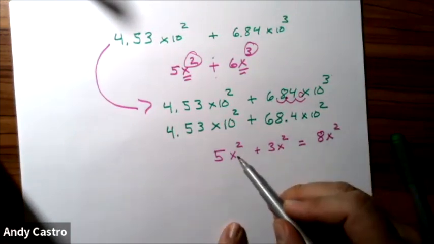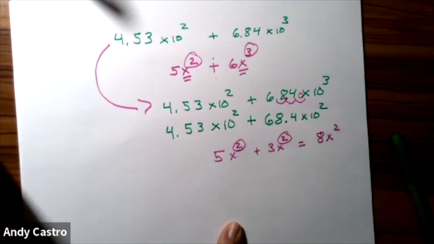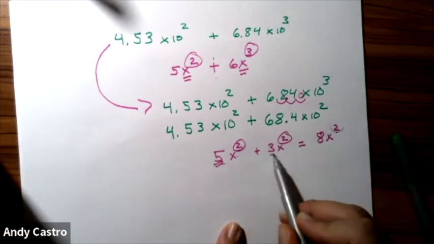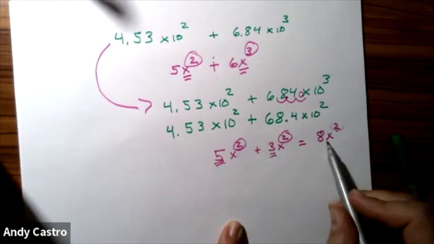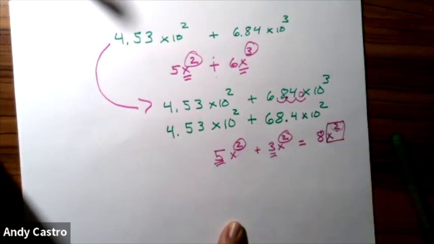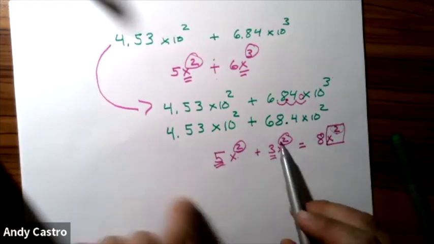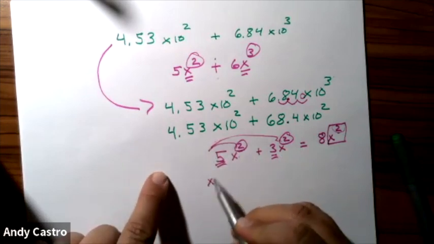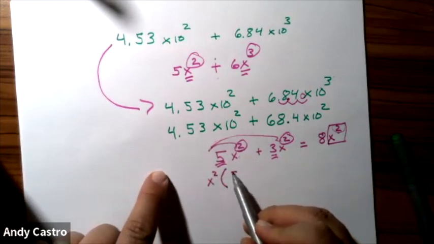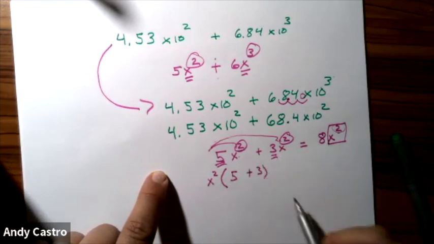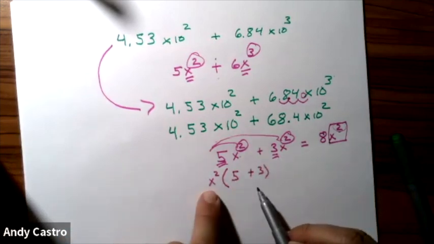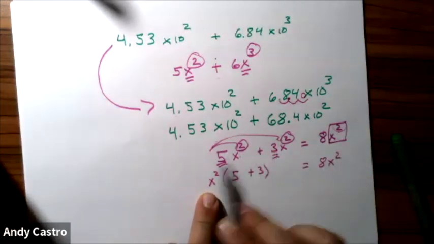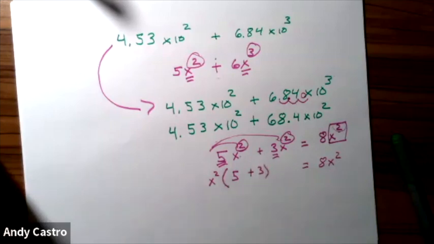Well, this becomes 8x to the second power. Remember, we're not adding the seconds together. This doesn't become x to the fourth. We're adding the coefficients together. And the x squared factor remains the same because I could factor this x squared out. If I factored the x squared out, this becomes 5 plus 3. 5 plus 3 is 8 times x squared. That's where that's coming from. So we can combine these by adding the coefficients.